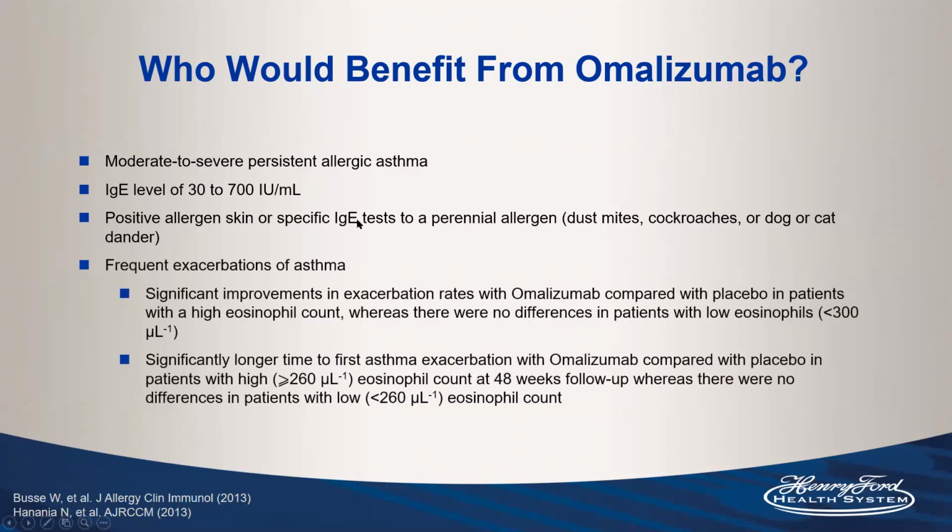Frequent exacerbations of asthma. Actually, there are a couple studies. Usually we don't fully rely on that, but what they found is that better response to Omalizumab would decrease exacerbation when your eosinophil count in one study was over 300 and the other was over 260.